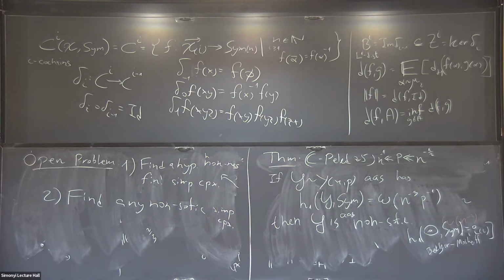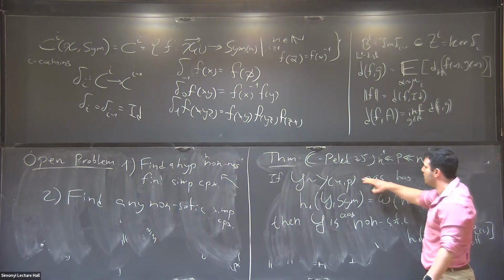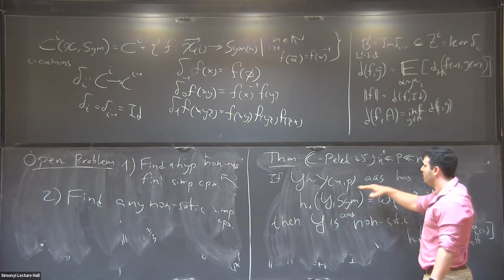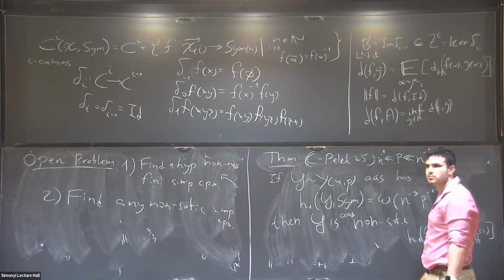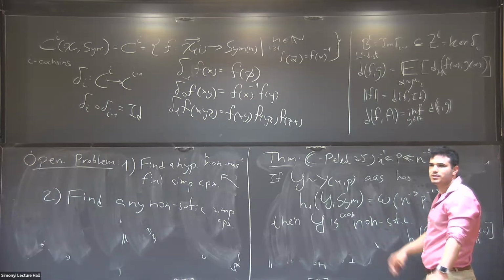What happens if z doesn't satisfy this assumption? You could show that if this is true, then h1 of y and h1 of z satisfy this condition asymptotically almost surely, because z essentially is sampled according to the same distribution.